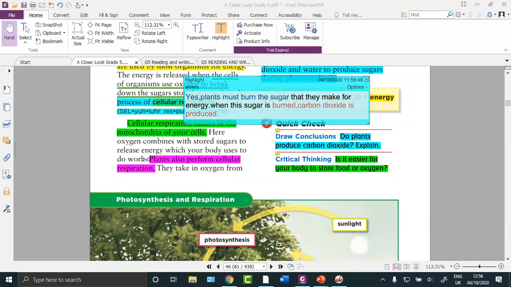Omar Atiyah, read. Critical thinking. Is it easier for your body to store food or oxygen?